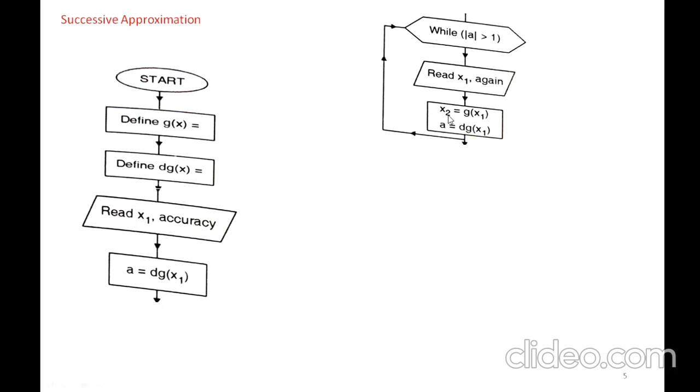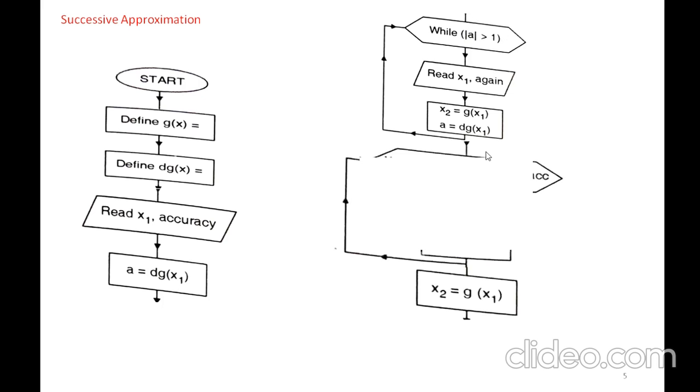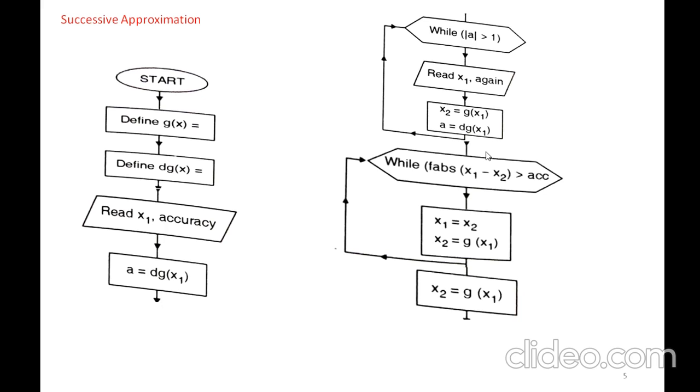Then we find the value of x2 as g of x1, once the convergence is achieved. Then we will check for the accuracy criteria.